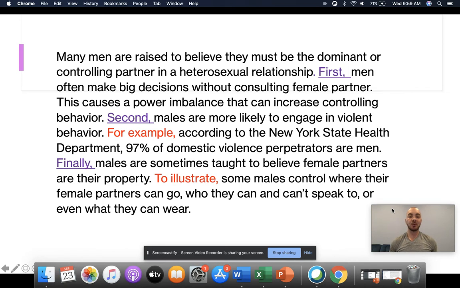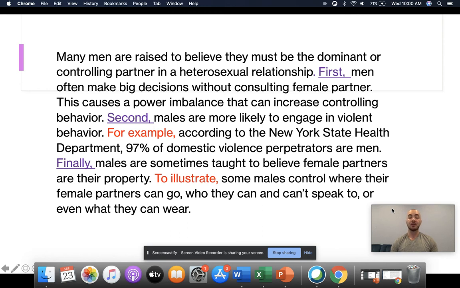Second, males are more likely to engage in violent behavior. For example, according to the New York State Health Department, 97% of domestic violence perpetrators are men. Finally, males are sometimes taught to believe female partners are their property. To illustrate, some males control where their female partners can go, who they can speak to, and even what they can wear.